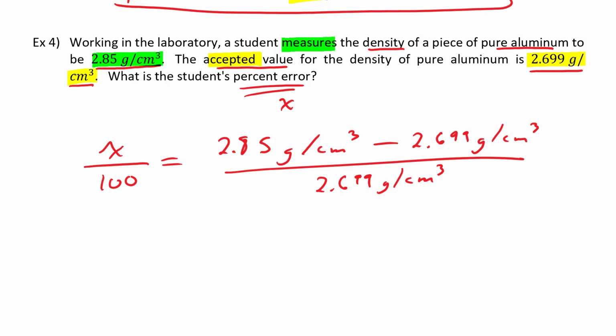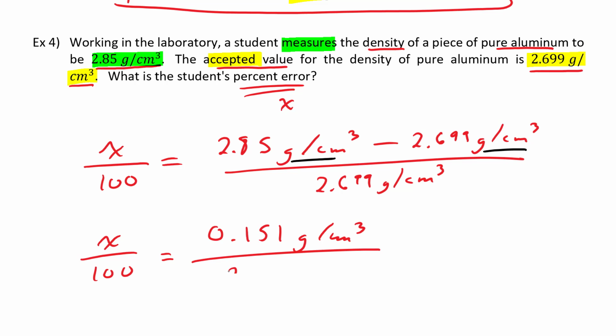Now we solve. Notice we sub in those units. We can combine those together because they'll have the same units. Let's do that now. As a result of having the same units on the top and the bottom, you can see the units cancel out.